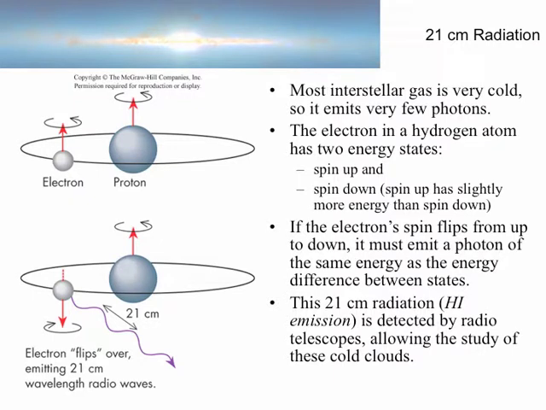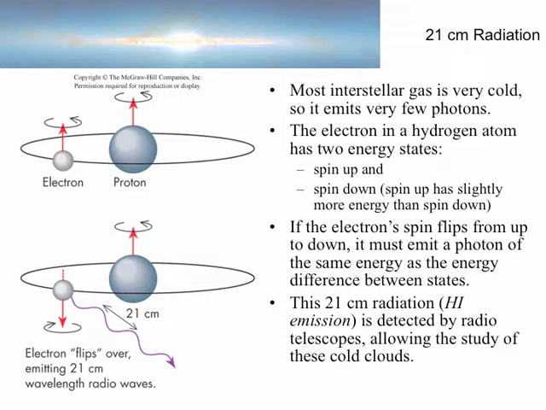But in general, most of the interstellar gas is fairly cold, and so it doesn't really emit very much in the way of radiation. Sometimes when it is able to emit, since we're talking about hydrogen, it turns out that a favored emission is this 21 centimeter radiation emission.